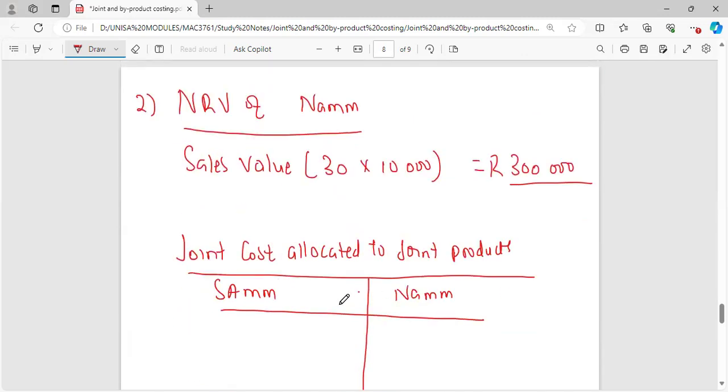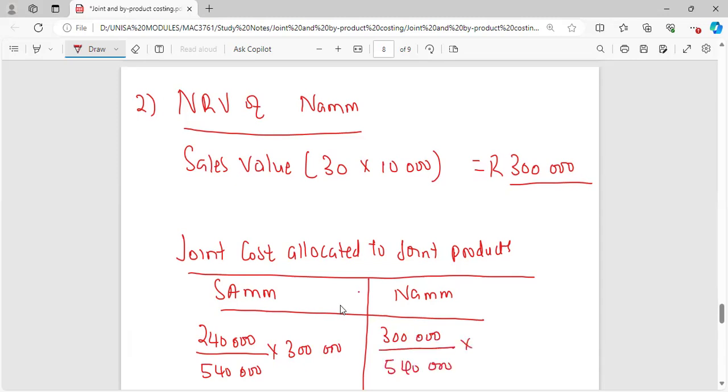So for SUM it's going to be 240,000 over 540 times 300,000. Then for NUM it's going to be 300,000 over 540 times 300,000.